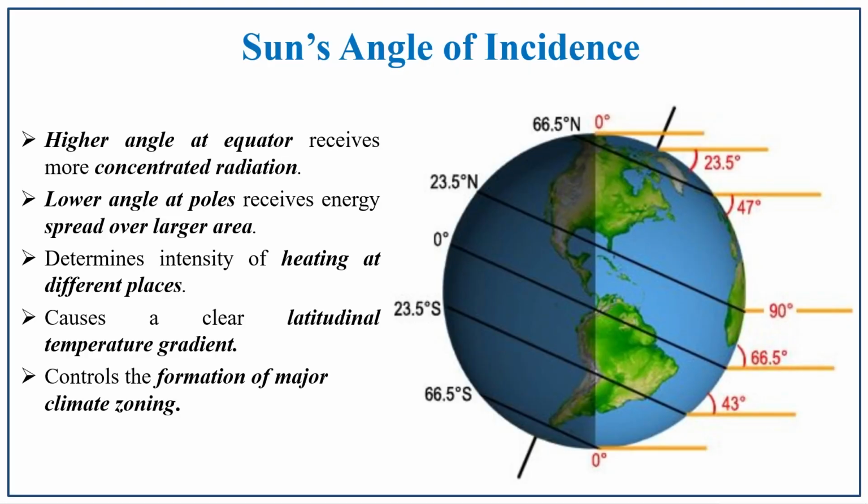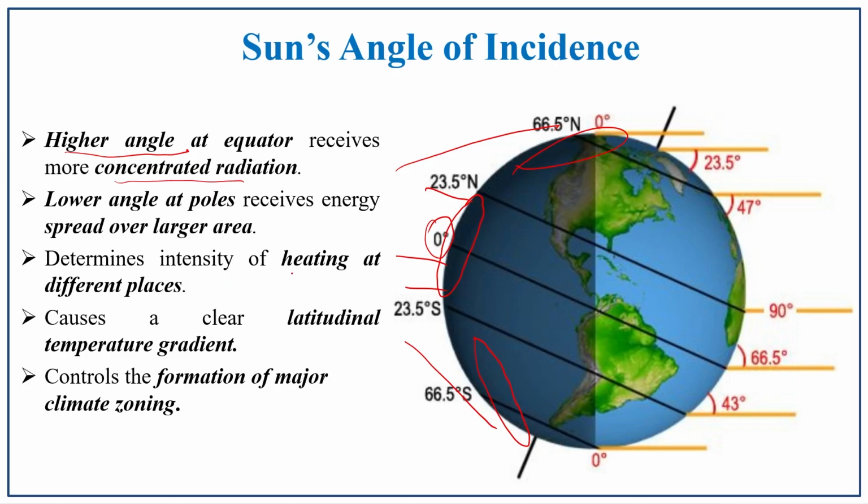Sun's angle of incidence. The higher the angle, as received at the equator, the more concentrated the radiation. Here there is the most concentration of radiation because of direct solar radiation, which heats a small region of the Earth's surface. By contrast, there is a lower angle in the polar region, which heats a larger region, so the heat generated is minimal compared to the higher angle.